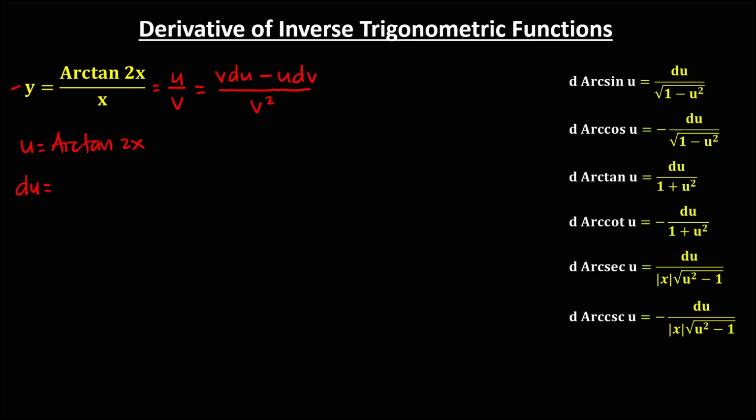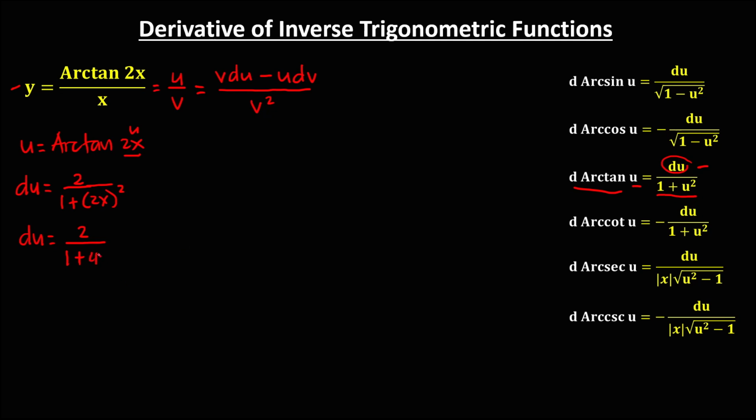Since the derivative of arctan u is du over 1 plus u squared, and u is 2x, du, the derivative of 2x, is 2, over 1 plus 2x to the power 2.